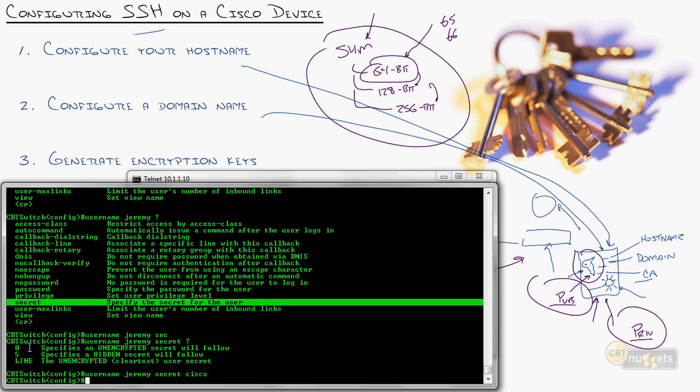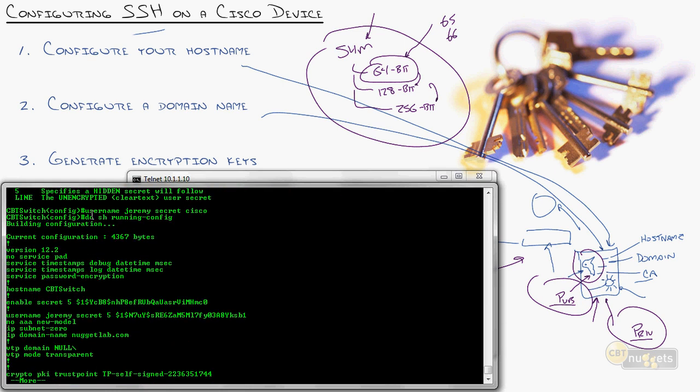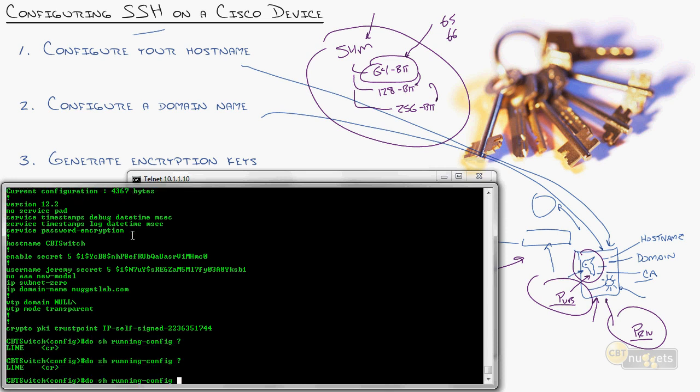So now I've got this user account created, and if I do a show running-config, by the way, this do command, again, we saw this in the last nugget, allows you to execute a show command from any mode. The only drawback of it is the question mark doesn't work. So the context sensitive help doesn't work, as well as the tab key.